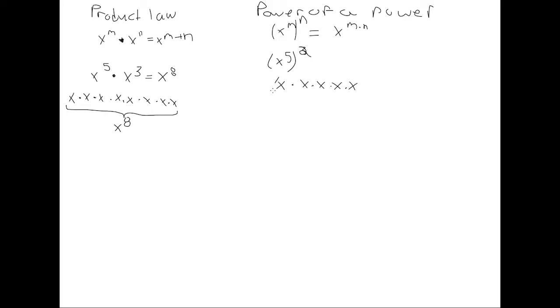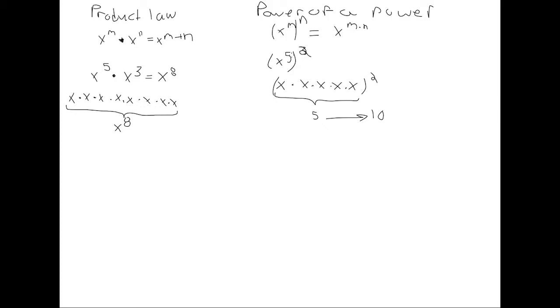And when we square this, we're basically saying that we're going to take all of these and multiply them by each other. Whatever number we have now, we're going to multiply by the power. We have 5 here, but now you're going to have 10 because you're multiplying it by 2.